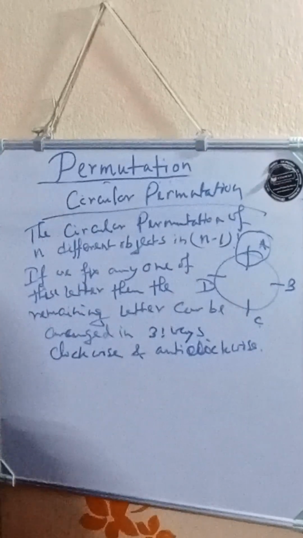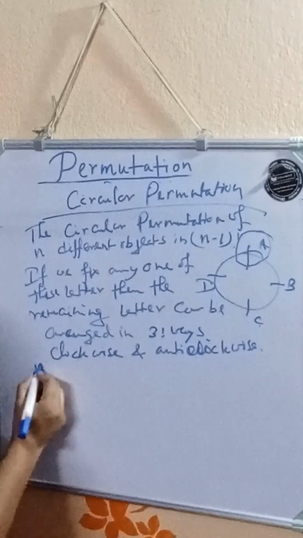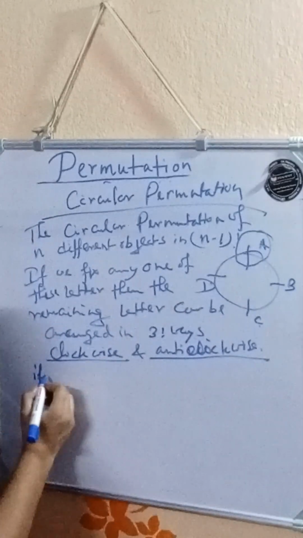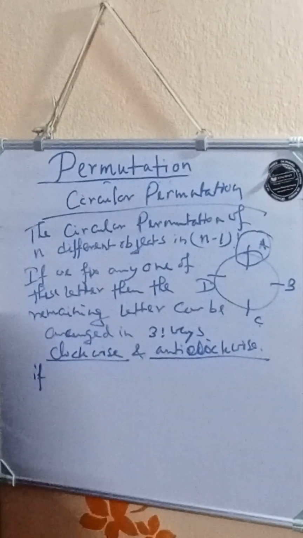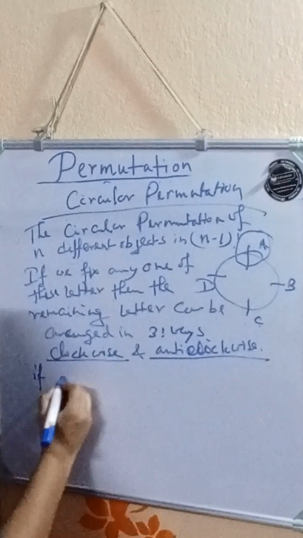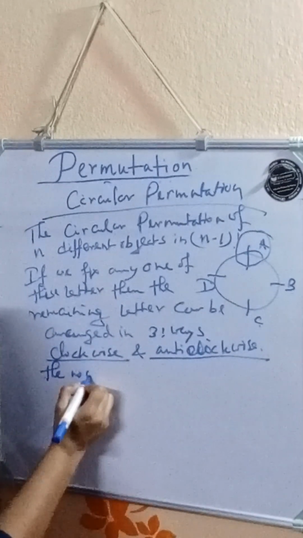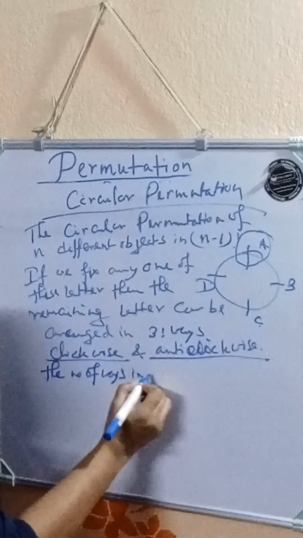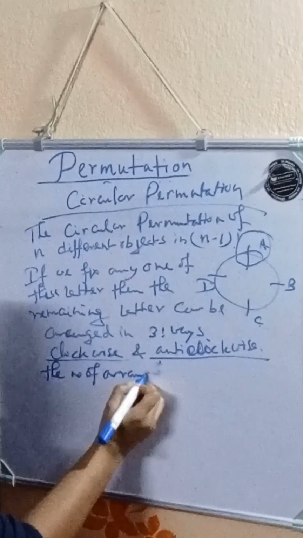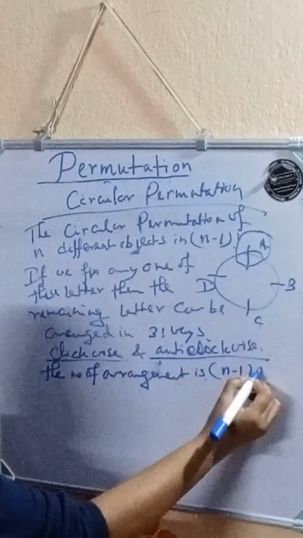If in a circular permutation the clockwise and anti-clockwise arrangements give rise to the same permutation, then the number of arrangements is n minus 1 factorial divided by 2.